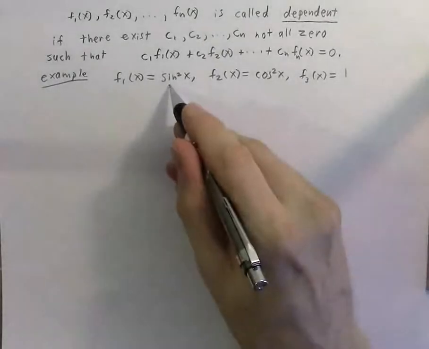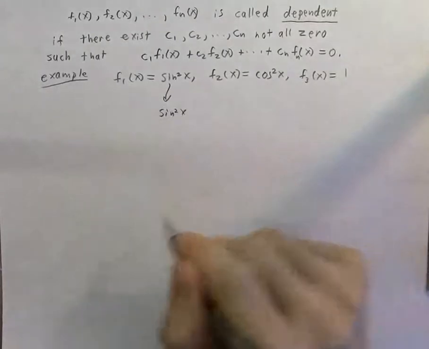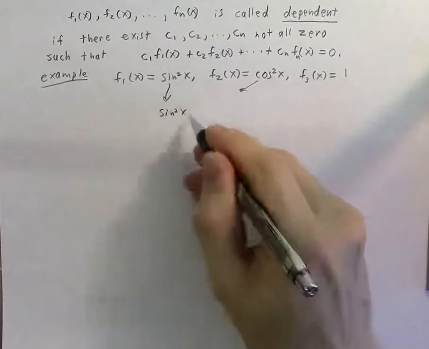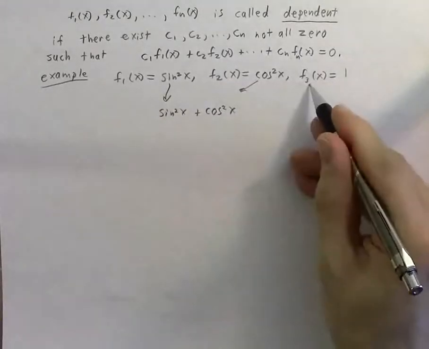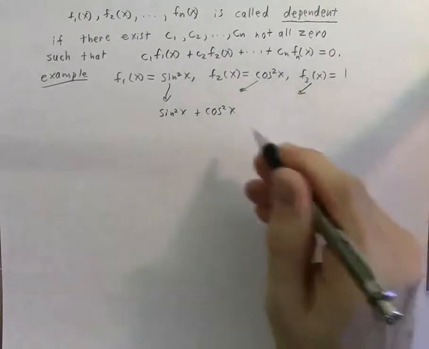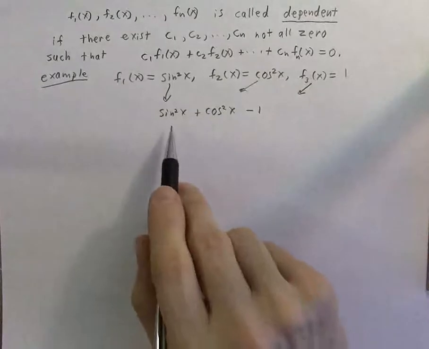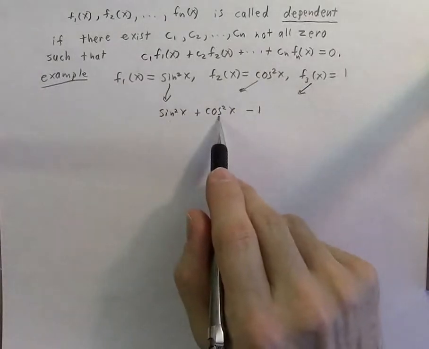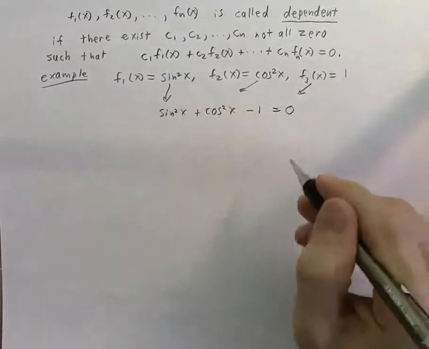Let's just take the sine squared of x, and then we'll take the cosine squared of x, add that in, and also involve the 1, and we'll subtract that. Okay, so what does that equal? So sine squared x plus cosine squared x is 1. Then we subtract 1, and that's equal to 0.